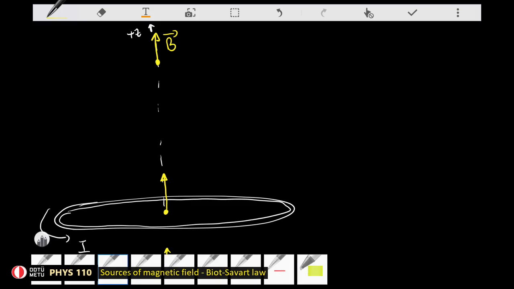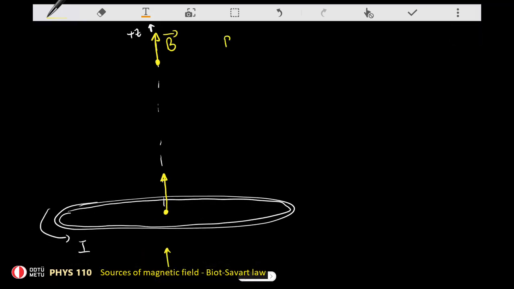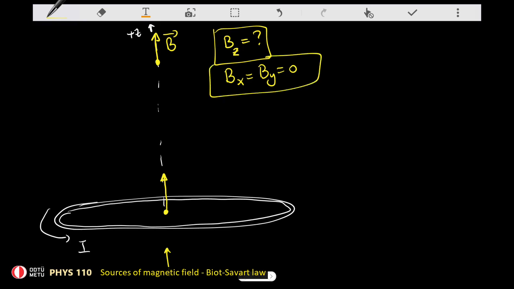And so in this problem, I would like to compute the z component of the magnetic field, right? That's our whole job. Because of the symmetry in here, x and y components of the magnetic field are equal to 0. So we don't have to compute them, right? That's an important result, because when we divide this circuit into small segments, for each segment, the magnetic field produced is going to have x, y, and z components.